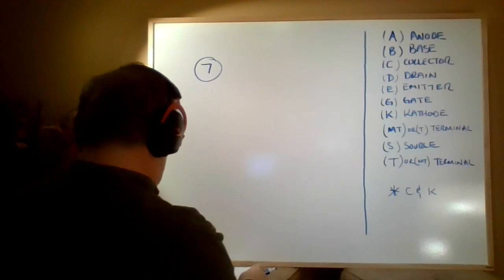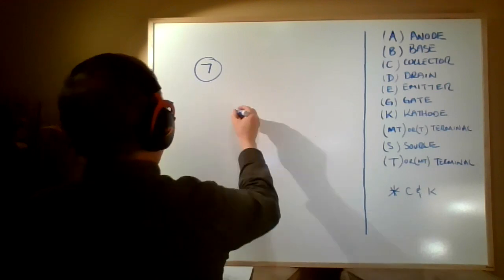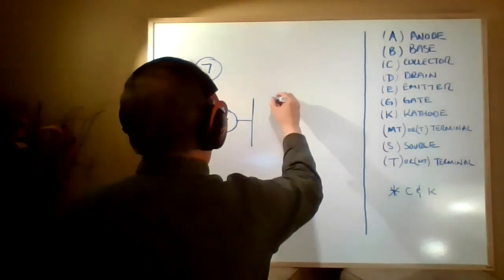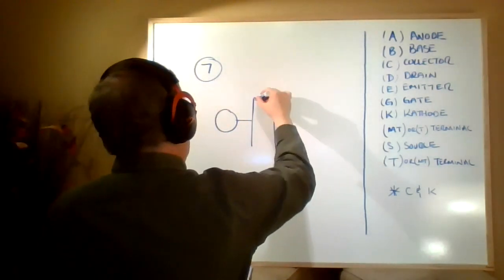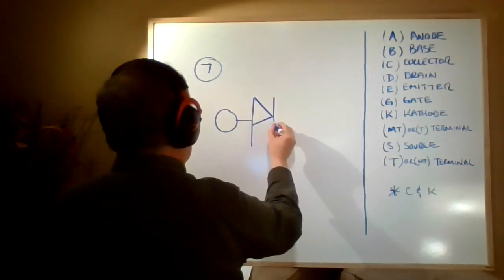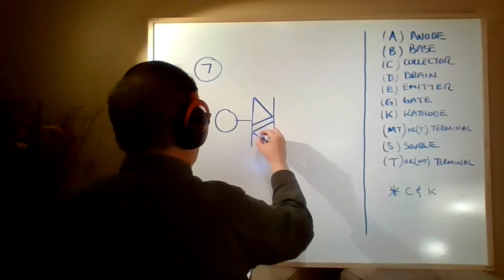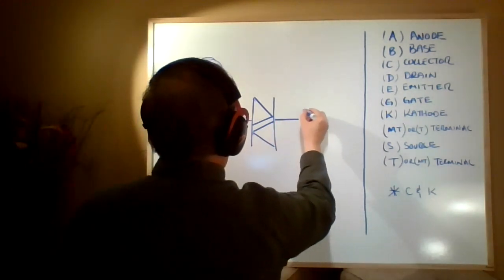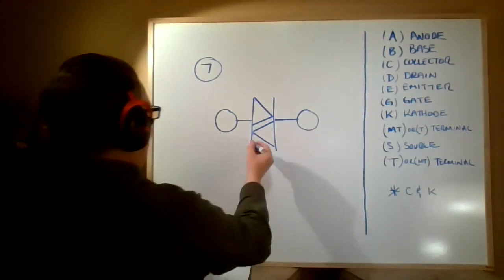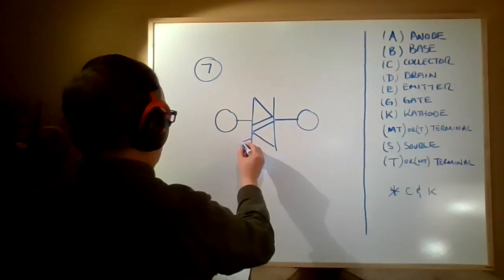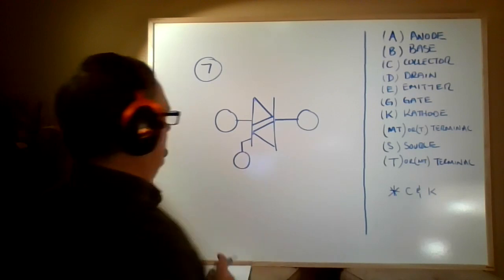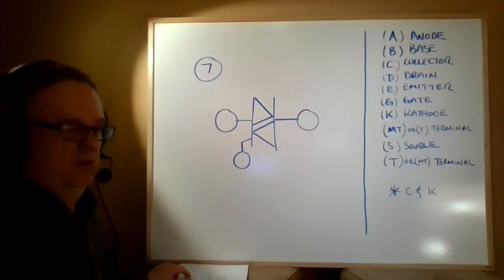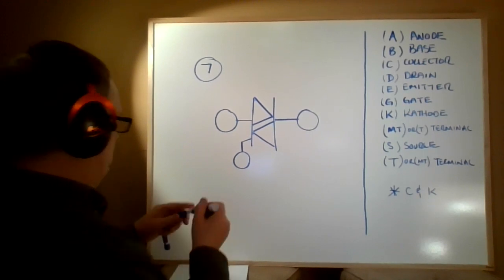We'll be talking about this one in a certain amount of detail. Looks like this. Kind of like two diode symbols, one from each side. And then we have an additional lead. So 3 leads this component. 3 leads, number 7.